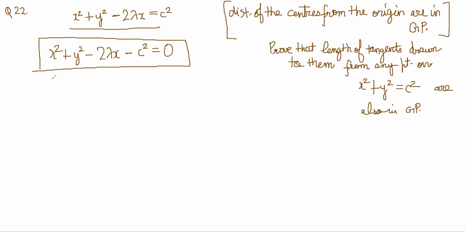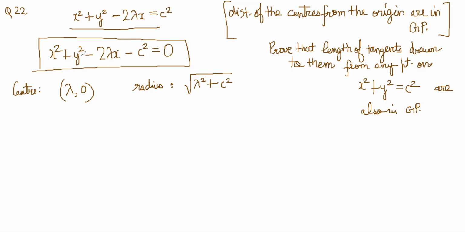So what is the center of this circle? Center of the circle is lambda and 0. Radius is what? Under root lambda square plus c square.